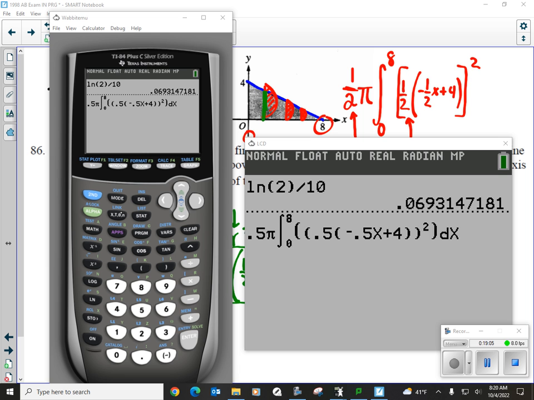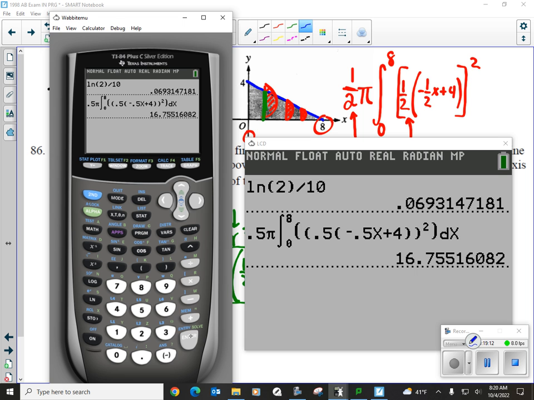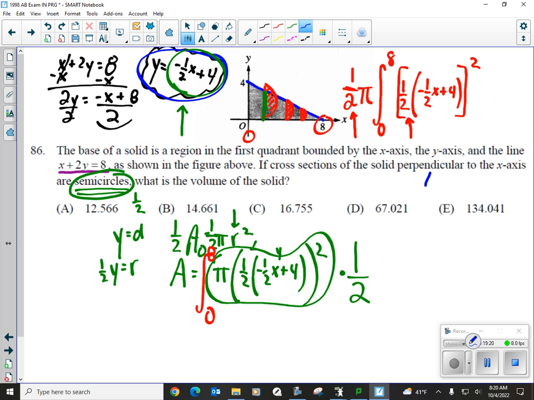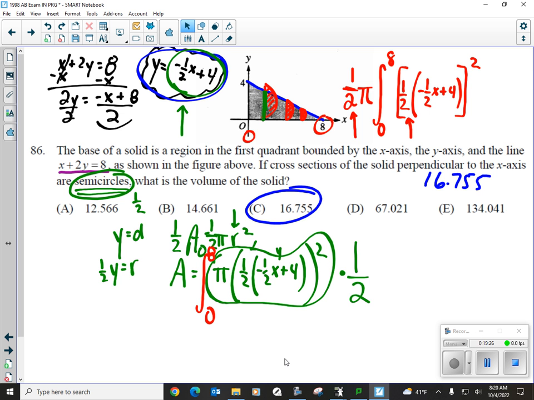And it's dx. I hit enter. Hopefully I come up with what I need. And it is 16.755. Okay, this 5 will stay a 5 because the number after it is less than 5. 16.755. Oh, choice C. A lot of work.